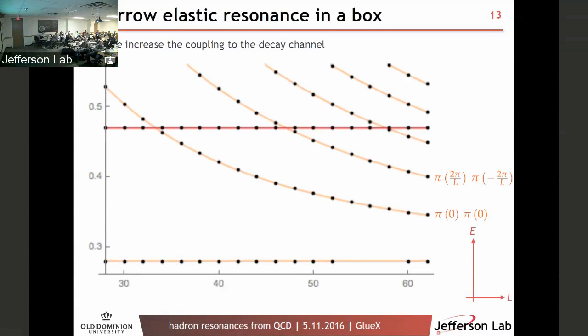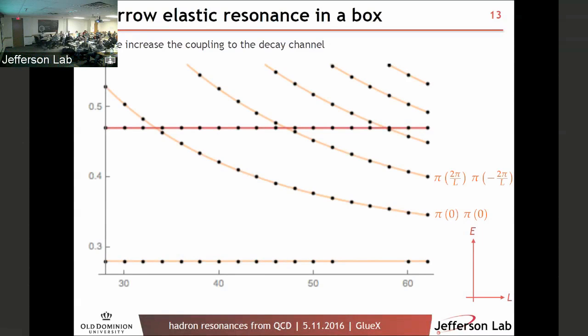They've got twice the square root of m_pi squared plus (2 pi over L) squared. That's what this curve is. Of course, it's volume dependent because the allowed momentum is volume dependent, 2 pi over L. And this is higher momentum. And so you get an energy level for each pi-pi-like state, but then you get an extra one. Well, this is this infinitely narrow resonance that I've put in by hand.